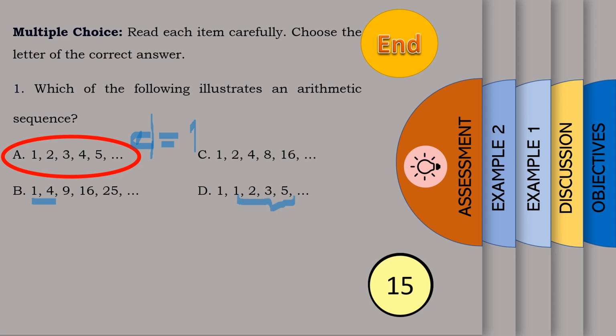Dapat 1 plus 0 again, pero dito, naging plus 1 na siya, hindi na plus 0. So, hindi naging fixed yung ina-add na numbers. Therefore, yung letter A lang yung pumasok sa criteria na meron siyang fixed number, which is 1.